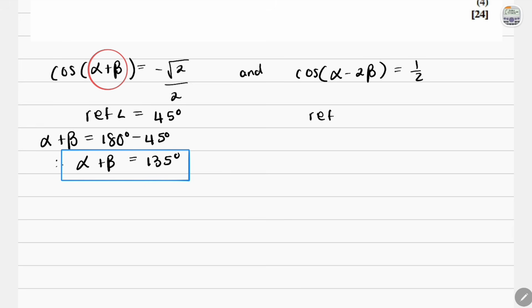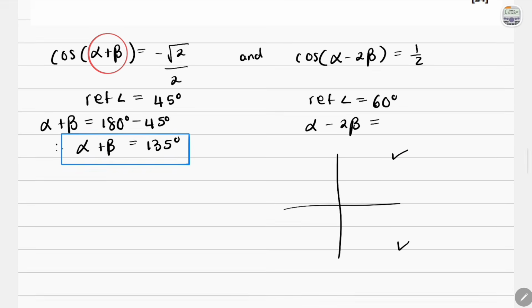In this case, there's no complication because a half is positive. Again, we're working with cos. Take cos over, it becomes the second function of cos. If you say on your calculator shift cos of a half, you will get 60 degrees. So it means that alpha minus 2 beta equals, now with your table, you'd say, where's cos positive? First and fourth quadrant.